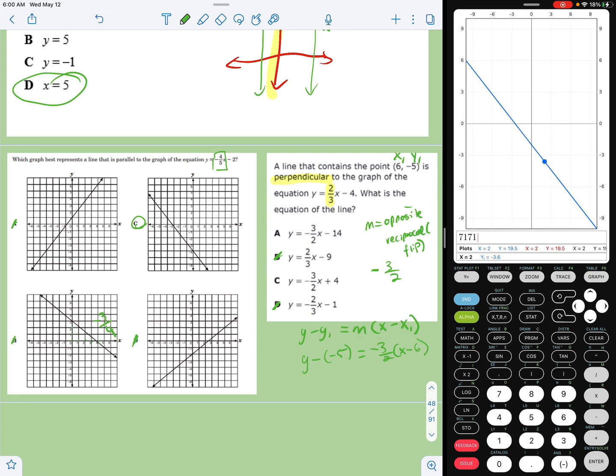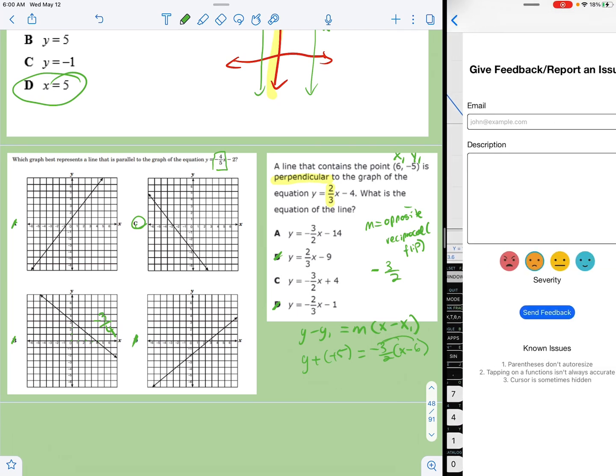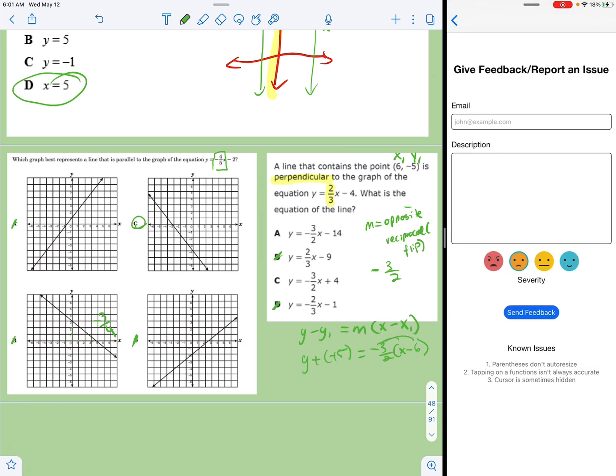which is 6. So this becomes plus positive, right? Distribute inside here. And we're going this far because our answer choices are in slope-intercept form. So we're going to change this to slope-intercept form.